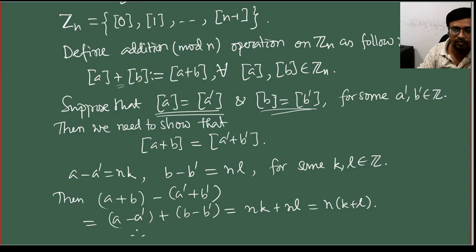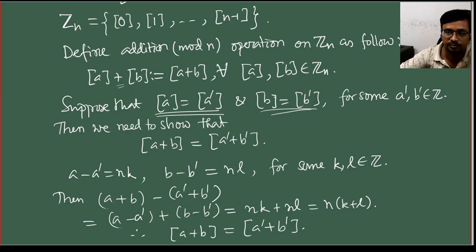So the class of a plus b equals class of a prime plus b prime. So therefore, the addition operation on Zn is well defined.